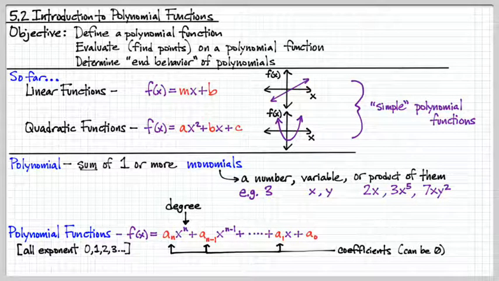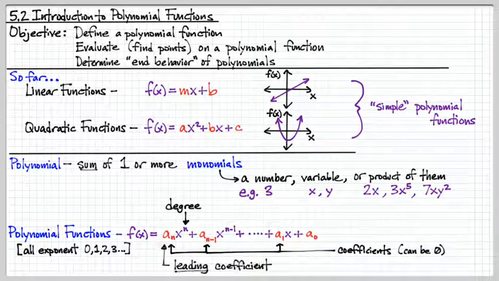We have coefficients in front of all the x terms, and we have what we call the leading coefficient, which is the coefficient in front of the highest degree term. So for example, a here is the leading coefficient of this quadratic function. m is the leading coefficient of this linear function.